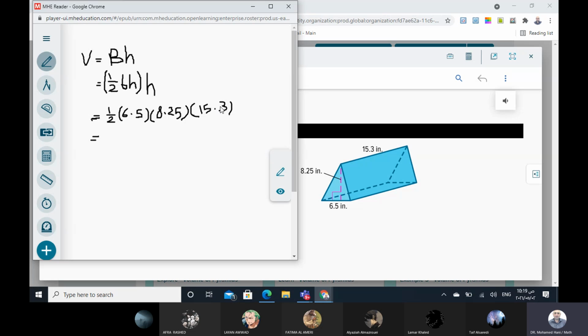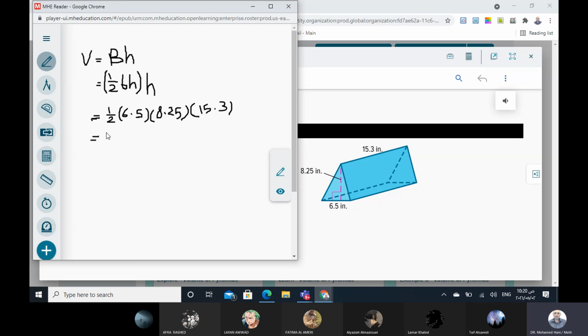Now we can find the product here, then divide by 2. So we have 6.5 times 8.25 times 15.3. The answer will be 820.4625 divided by 2.